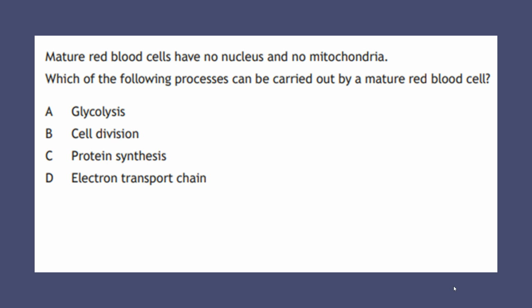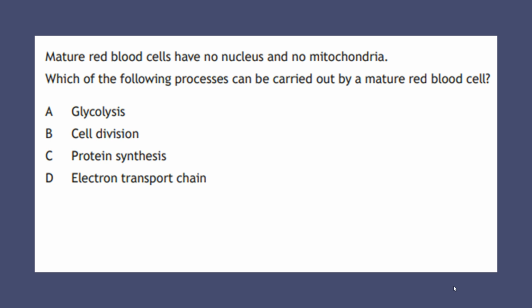For this one, we're thinking about where certain processes that we've talked about take place. What can a red blood cell do if it doesn't have a nucleus or a mitochondria? Well, it can't do cell division. It needs a nucleus for that. It can't do protein synthesis.